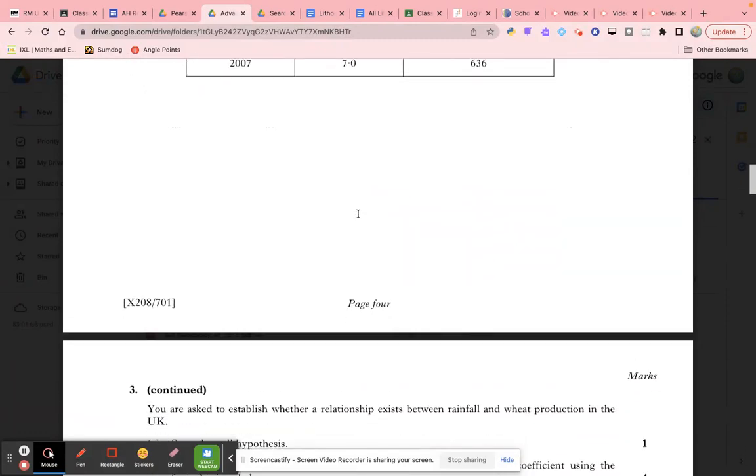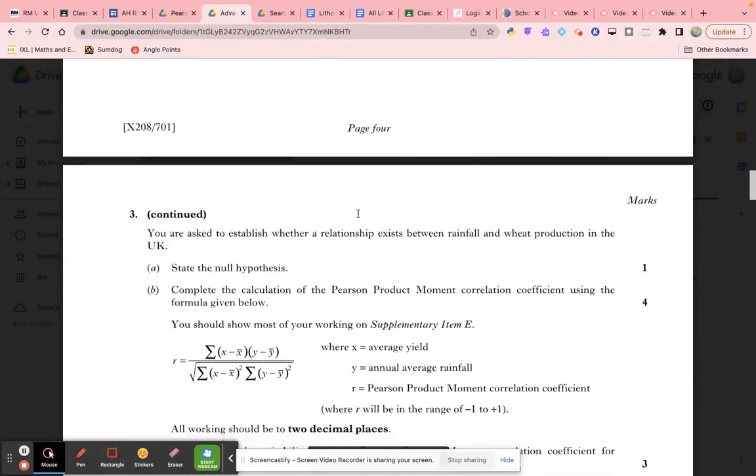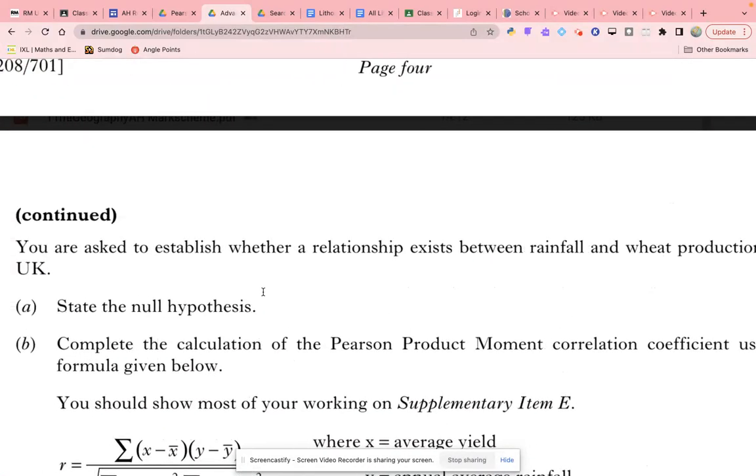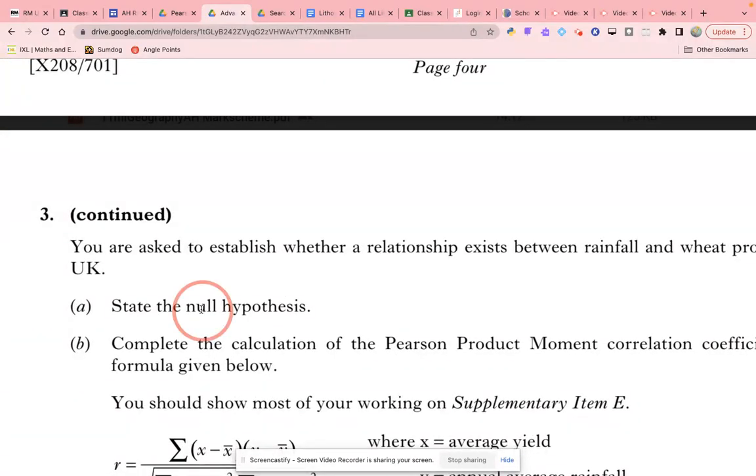The first question you're always going to get asked is for a null hypothesis, and we can see here that we are indeed asked to state a null hypothesis. Now, a null hypothesis is a negative hypothesis, so what we would always start is by saying there is no. The next part of our sentence would be statistically significant. And because this is Pearson, because we're testing for correlation or relationship, we would say there is no statistically significant relationship between.